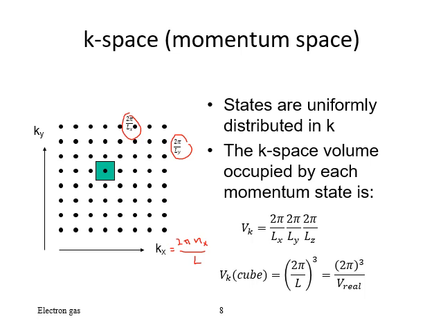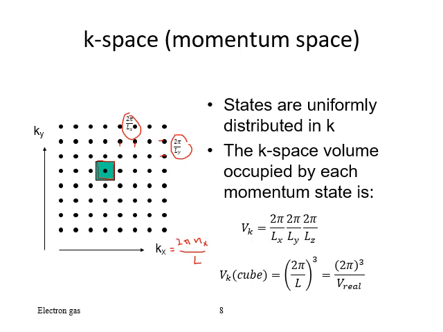And in this K space, momentum space, the volume that's occupied by one state is 2 pi over Lx, that distance, times 2 pi over Ly, that distance.